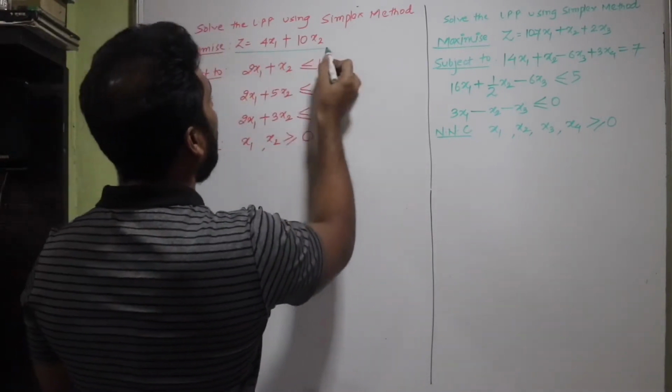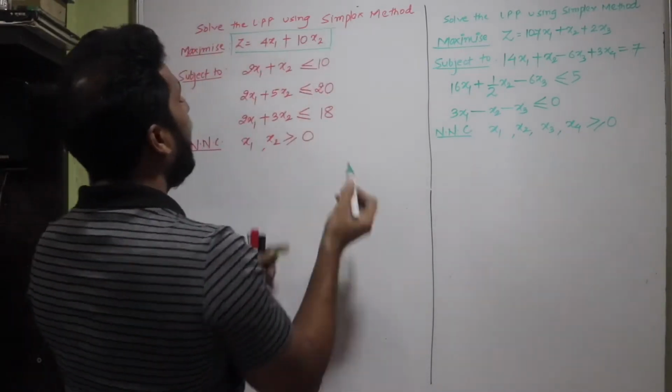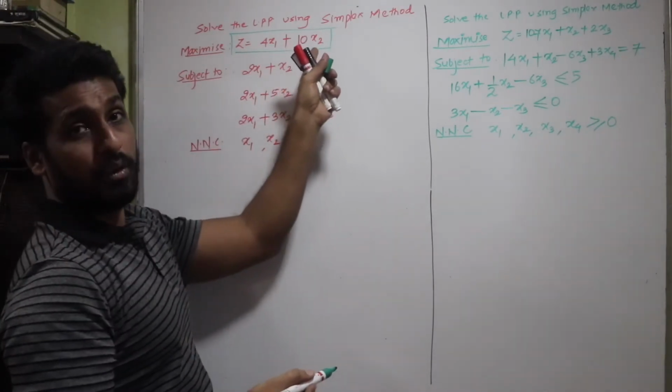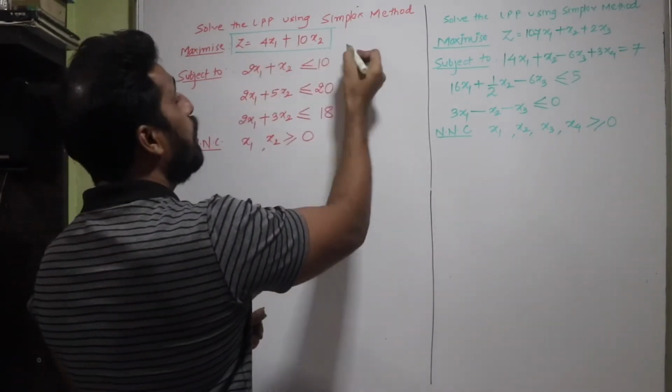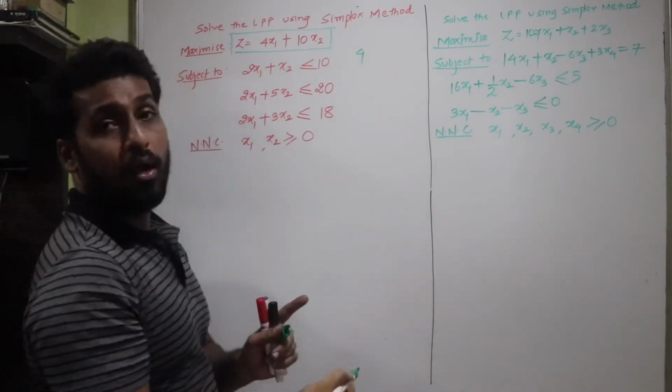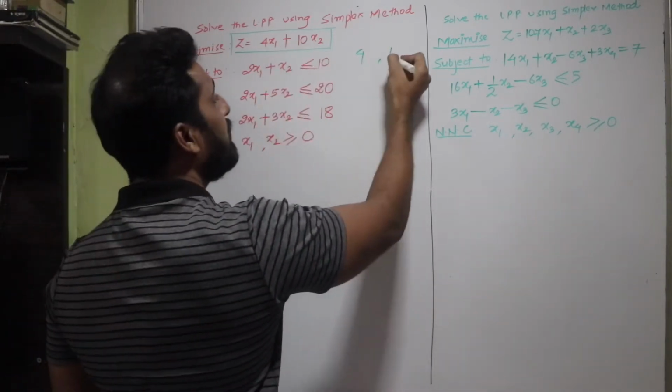If you observe the objective function, it is 4x1 + 10x2, isn't it? So the coefficient of x1 is 4 and the coefficient of x2 is 10.